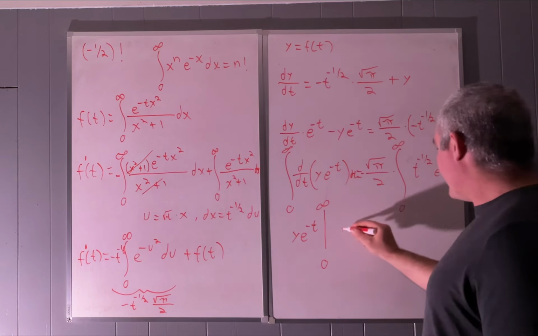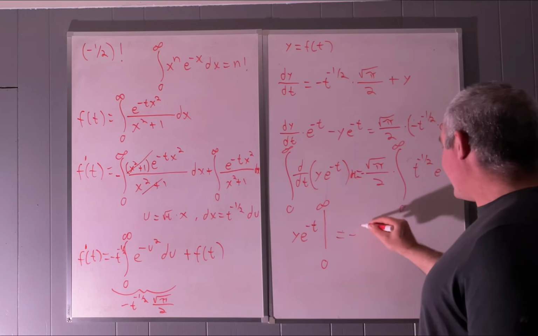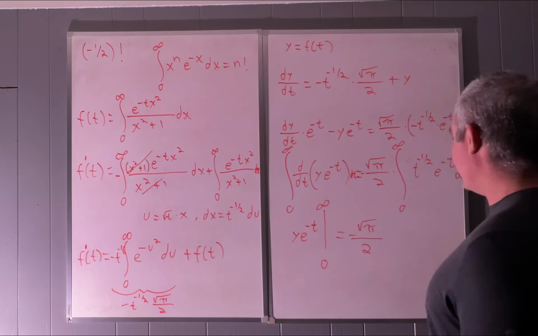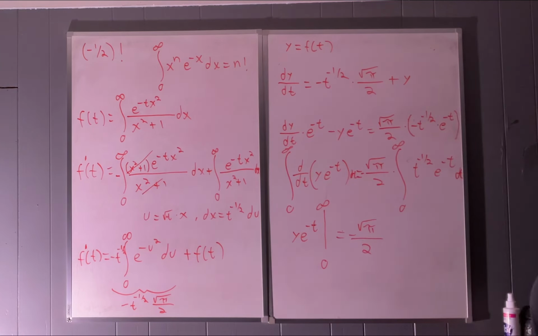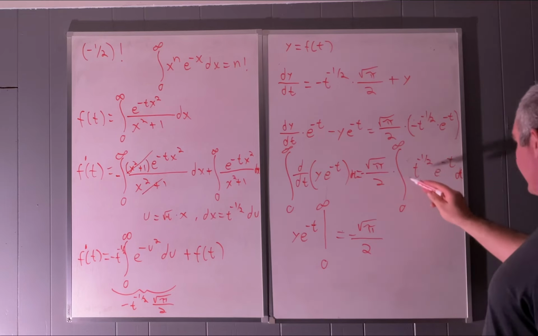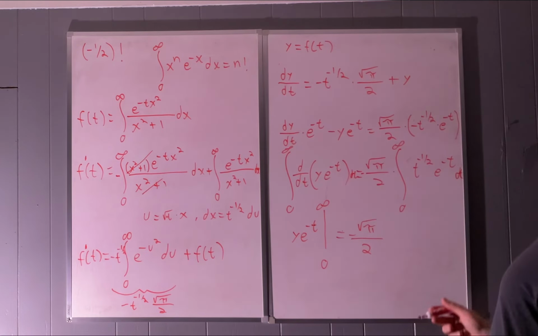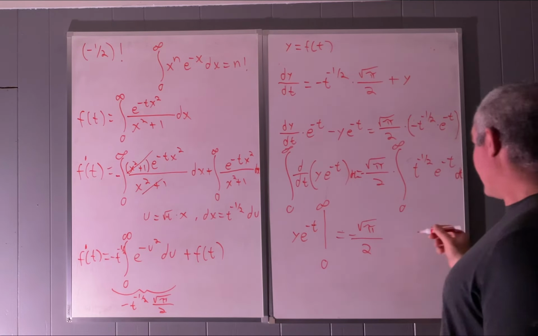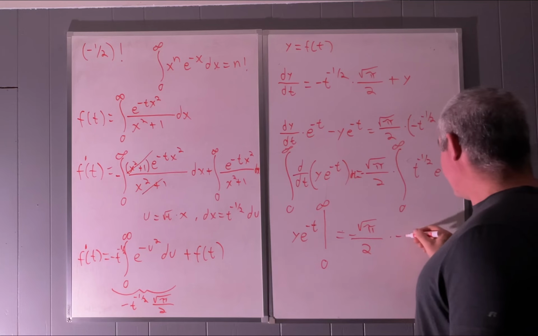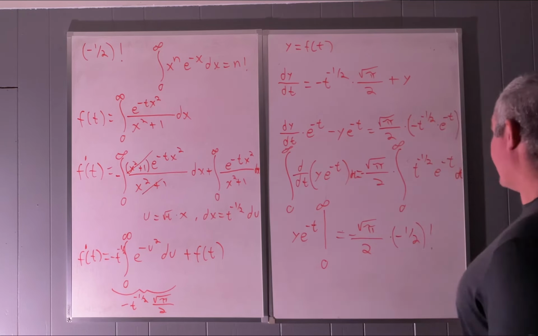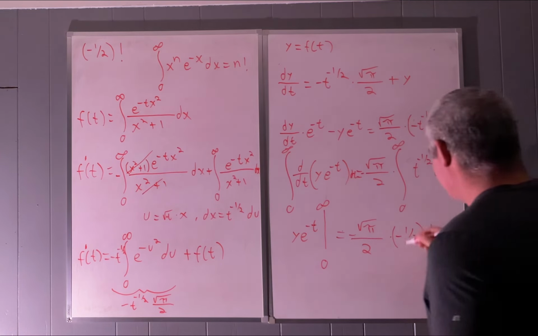And that is going to be equal to negative square root of pi over 2 times, well, what's this? Oh, this is negative 1/2 factorial times negative 1/2 factorial.